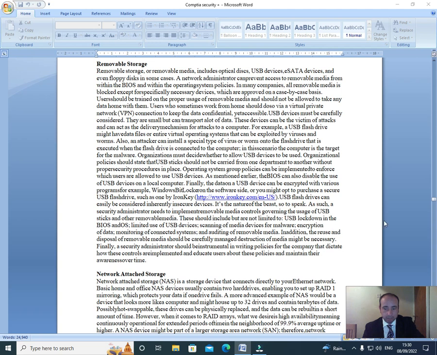In addition, the reuse and disposal of removable media should be carefully managed. Destruction of media might be necessary. Finally, a security administrator should be instrumental in writing policies for the company that dictate how these controls are implemented, and educate users about the policies and maintain their awareness over time.